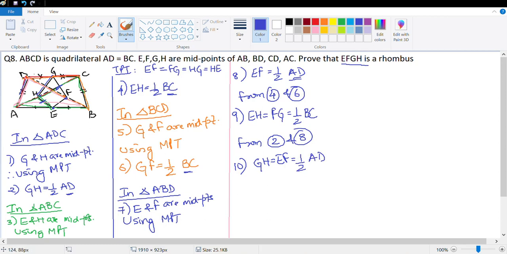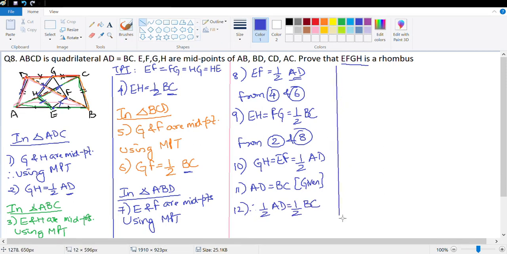So now I know that both pairs of opposite sides are equal and parallel, but they are equal to AD and BC. But what is given is AD is equal to BC. This is given, which means half of AD will be equal to half of BC. Right?